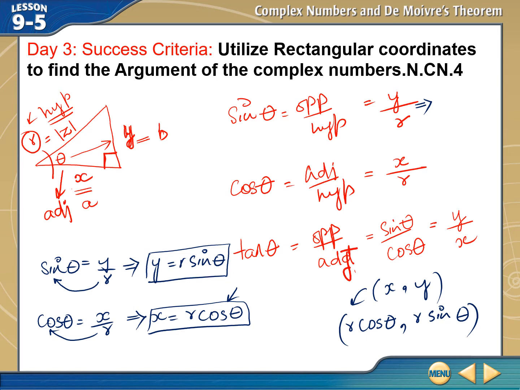Now the tangent theta equals y over x. From here, can I find the value of theta? Yes, I can. How? By bringing the tan to the other side, so I must take the inverse of tan. So tan inverse.